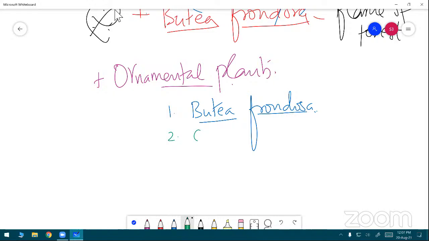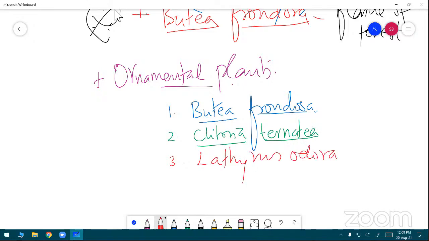Clitoria ternatea. It is called Sangupushpam in Tamil. The third one is Lathyrus odoratus.